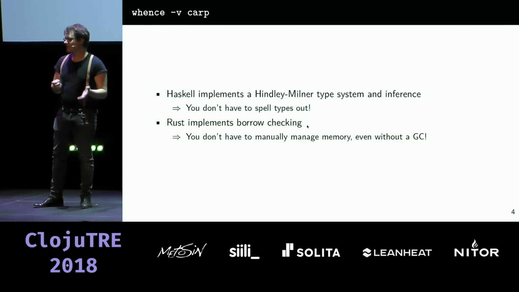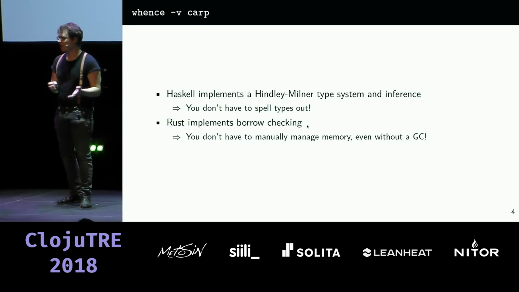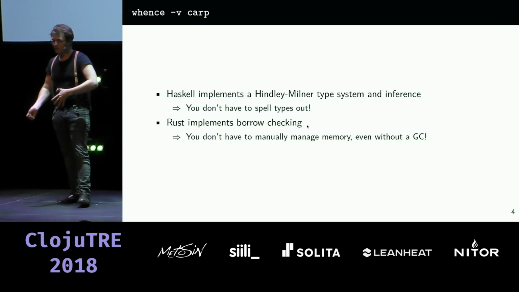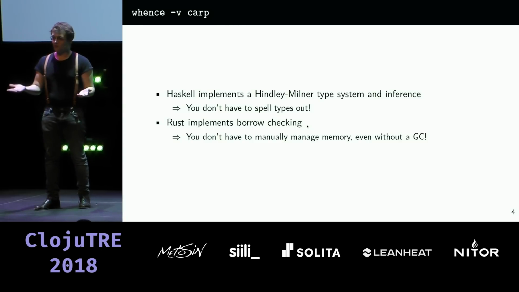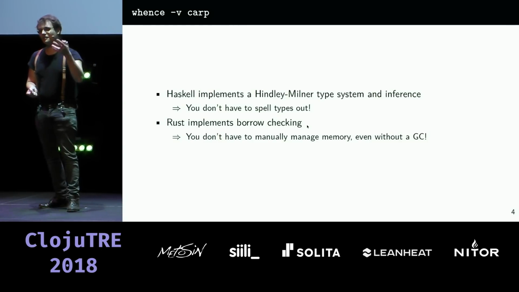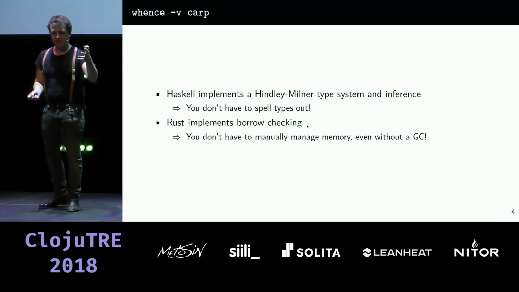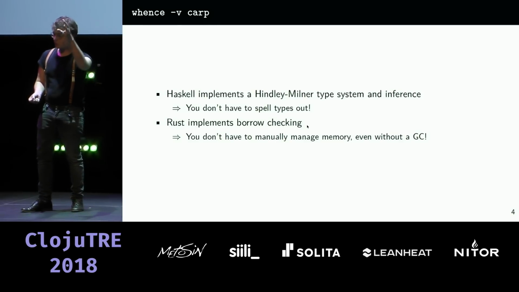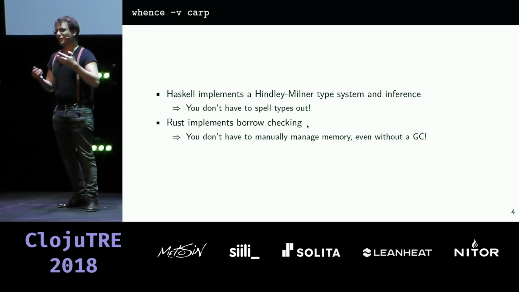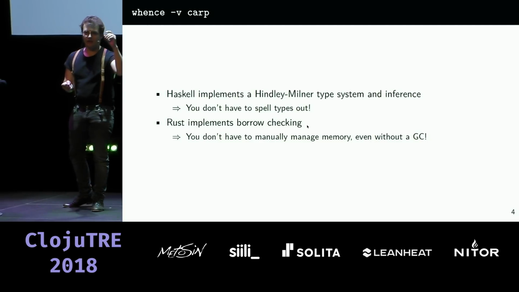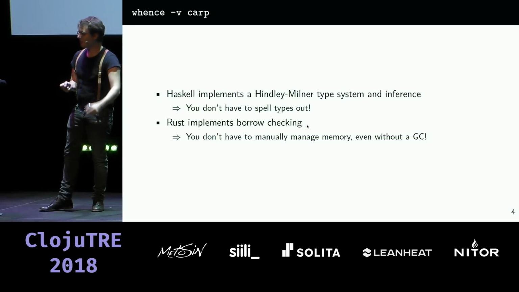That just means you don't have to spell your types out. And Rust implements borrow checking, which means you don't have to manually manage memory, but you also don't have a GC. It just figures out the lifetimes of values, meaning where they are still used, where they're alive, and once they aren't, it inserts a destructor, or it frees the memory there.